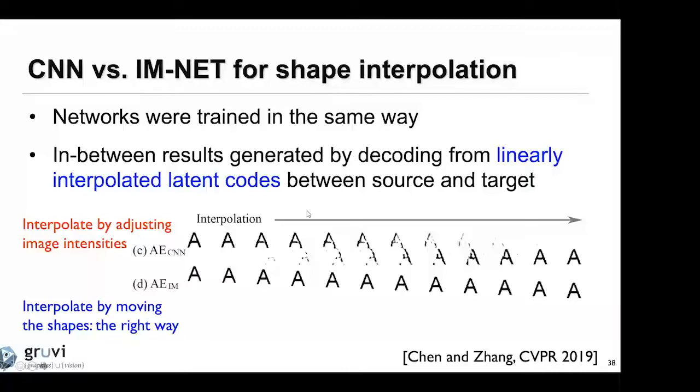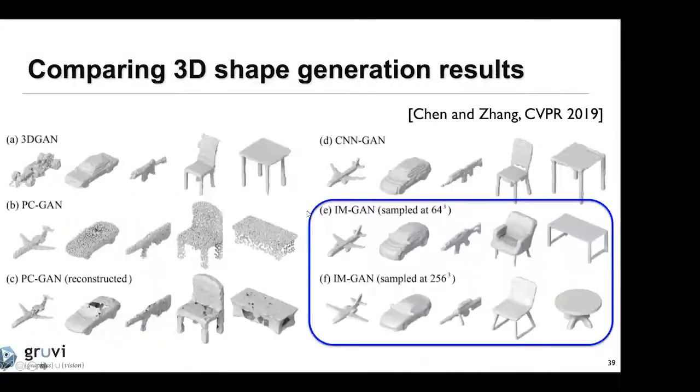And then, of course, this decoder can be plugged into different applications. It can do single view reconstruction. It can do autoencoding. It can also do an IM-GAN, where you can actually generate shapes from random noise.